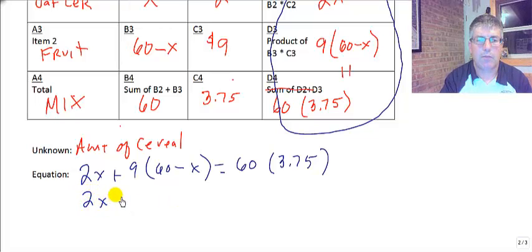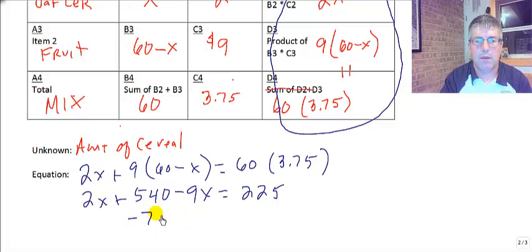So we get 2x plus 9 times 60, 540 minus 9x equals 60 times 3.75, which is 225. And that'd be a negative 7x plus 540 equals 225.